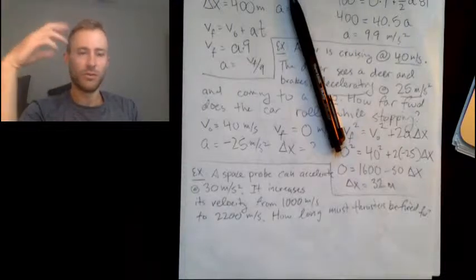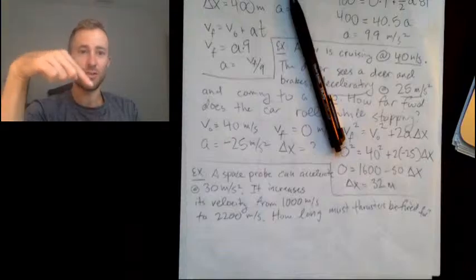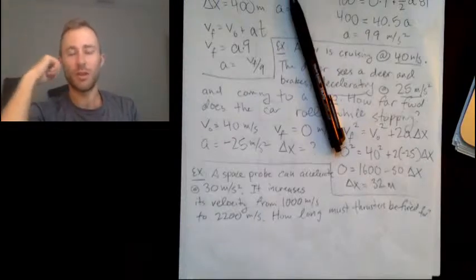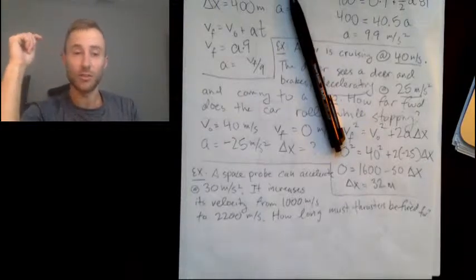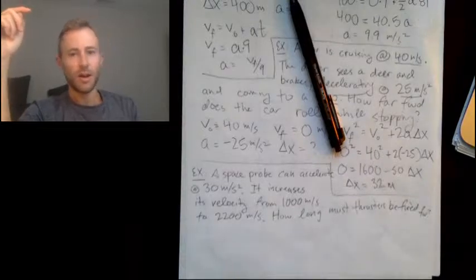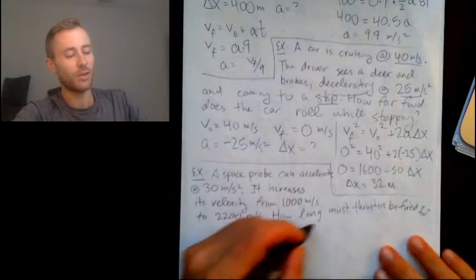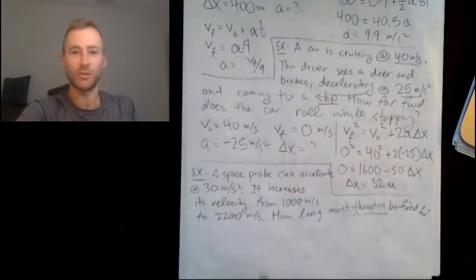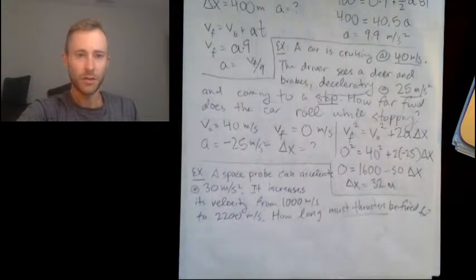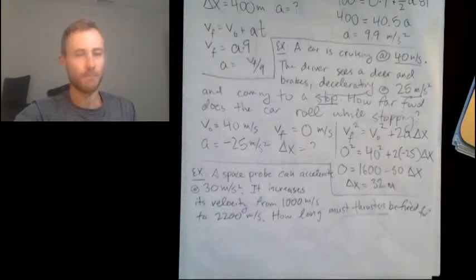You might be trying to speed up if you're trying to escape a planet and travel to another planet. You might be trying to slow down if you're trying to land. So this is a very realistic calculation. It is important to know how long to fire the thrusters for to achieve the appropriate velocity.